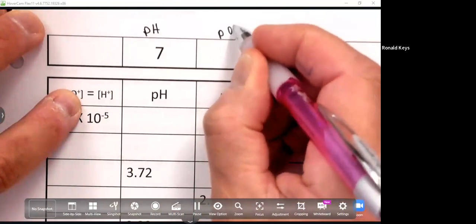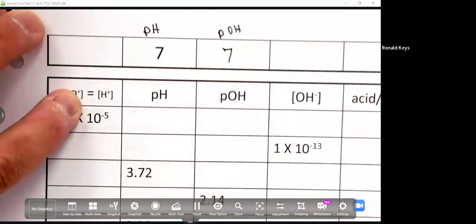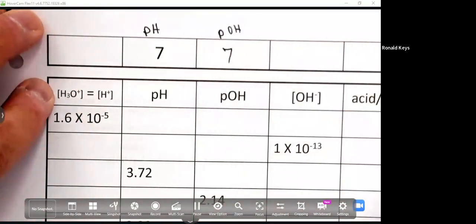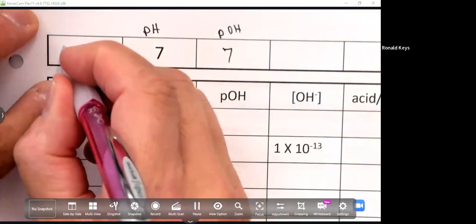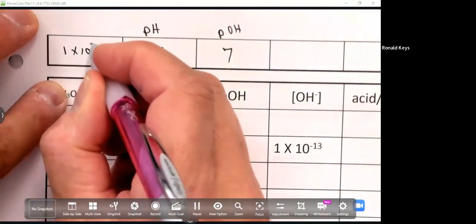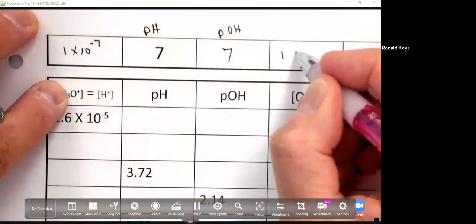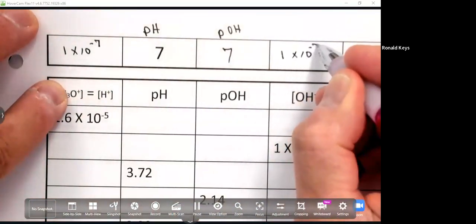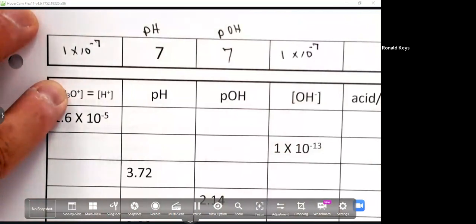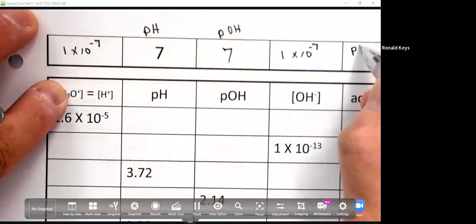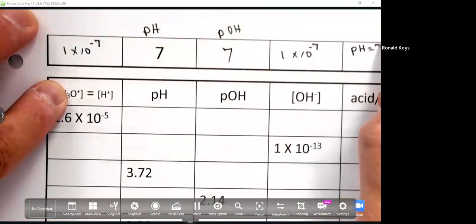My pOH is 7. My H plus is going to be 1 times 10 to the minus 7. My OH minus is going to be 1 times 10 to the minus 7. It's neutral, right?